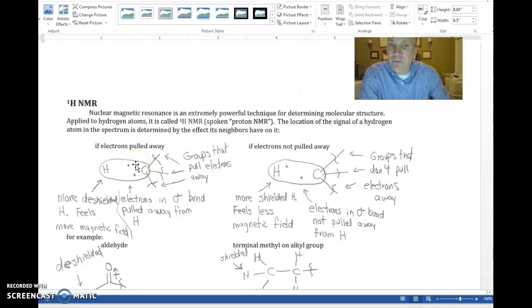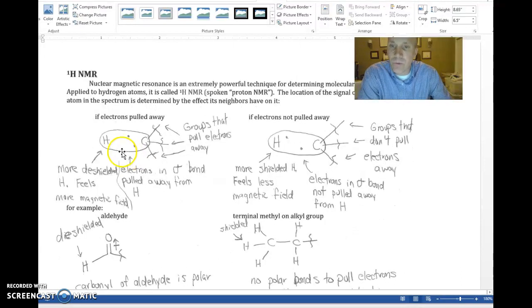So first of all, what is the reason that you would see a difference in different types of hydrogens in molecules? The property that gets taken advantage of is the degree to which, just to get you oriented, this right here and this right here are both representing sigma bonds between a carbon and a hydrogen.